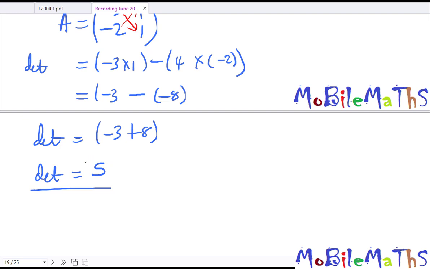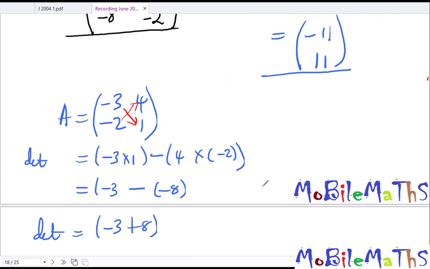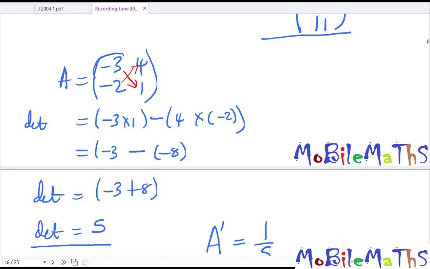Now, when we are writing our inverse of A, it means A inverse is going to be equal to 1 over 5. Then we are going to swap these two, their positions. Then the 4 we multiply by a minus, and the minus 2 we multiply by a minus. This becomes a plus.